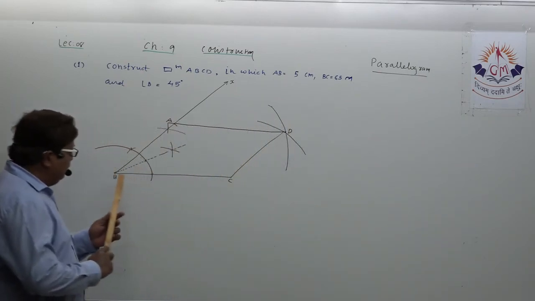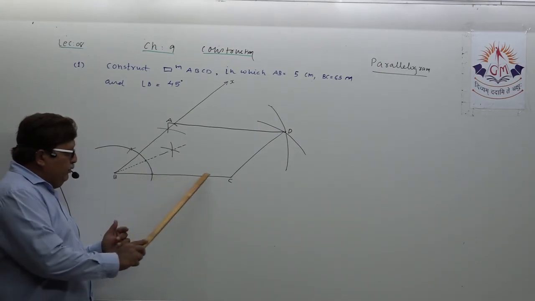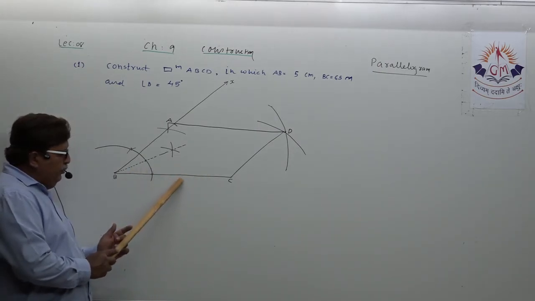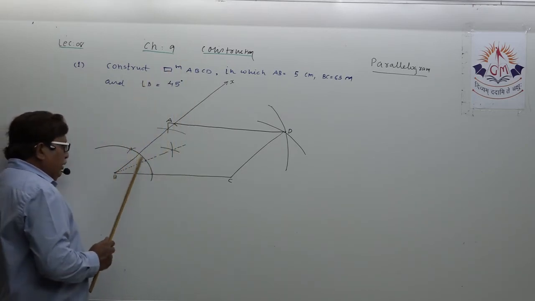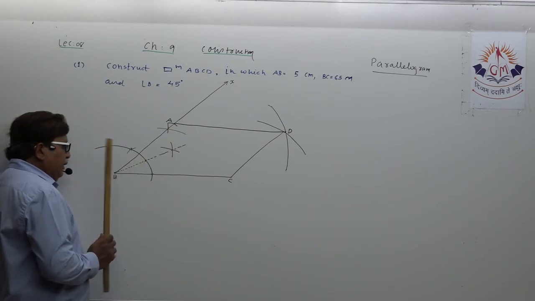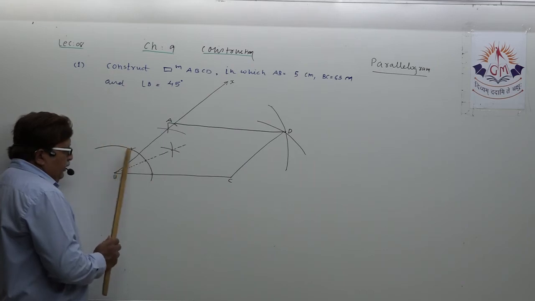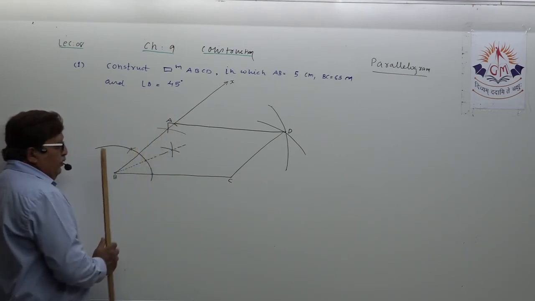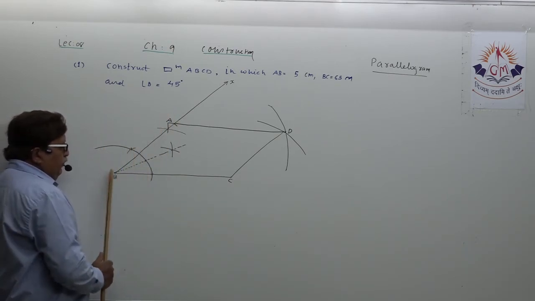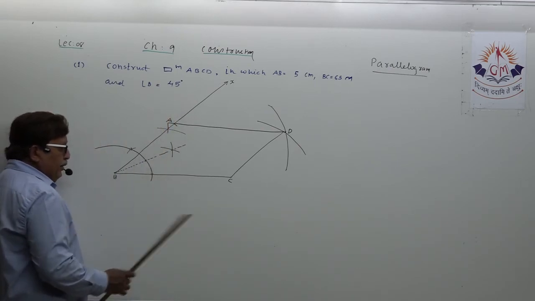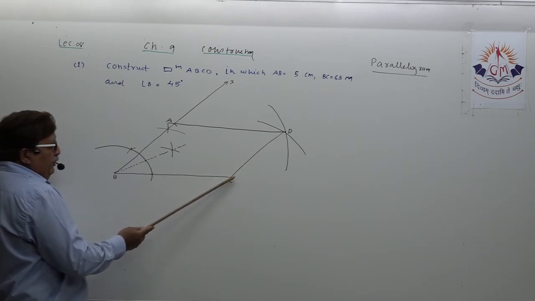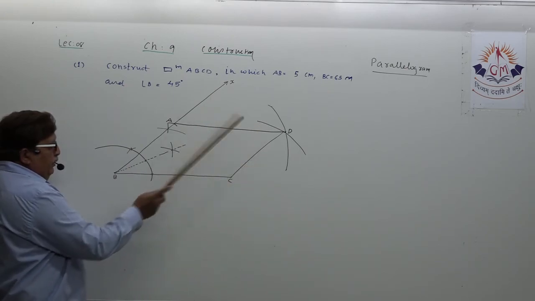First what we have done, we have constructed BC of 6.5 centimeter. Then we constructed ray BX to realize the angle B of 45 degree. How 45 degree? First 60 degree, then 60 bisected to 30, and 30 and 60 bisected to 45. Then taking a radius of 5, centering the compass at B, we have drawn an arc which intersects ray BX at point A. Then centering the compass at C and taking a radius equal to 5, another arc.